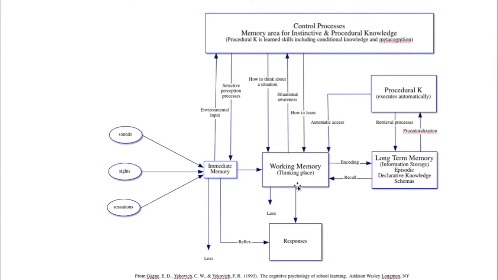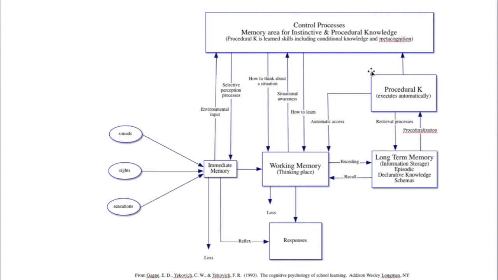So you have to think about information, you have to do something with it in order to get it encoded into long-term memory. And that's one of the things that we're going to be focused on in this course, is how we use technology to actually support this process of encoding information into long-term memory.